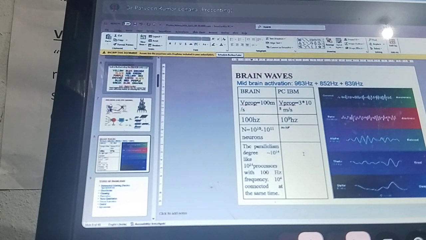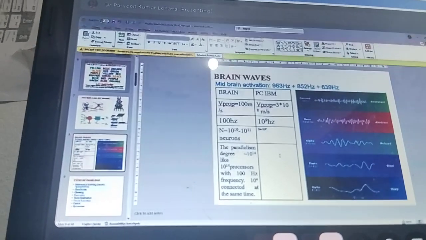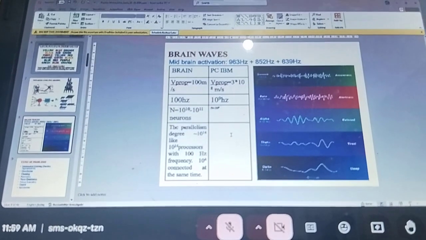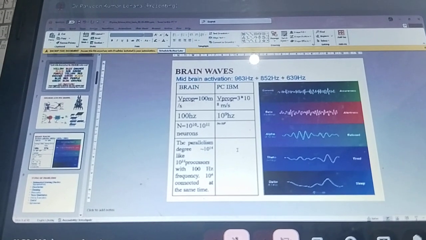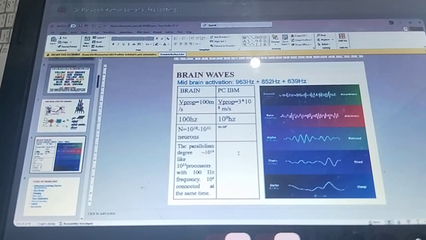The most important thing about the brain is that the frequency handled by the brain is very small. In a normal computer the clock frequency is in gigahertz, but in brains it is only in hertz.